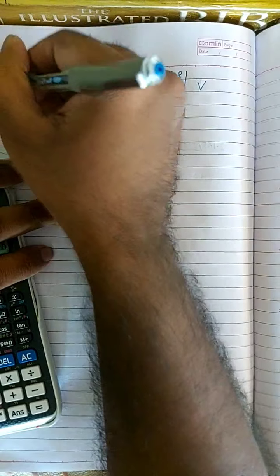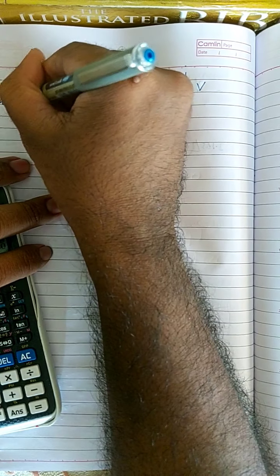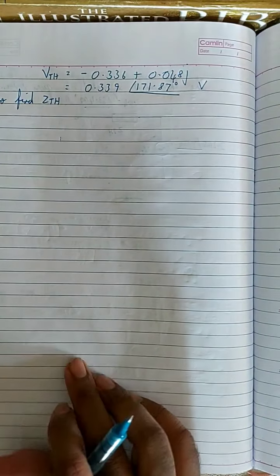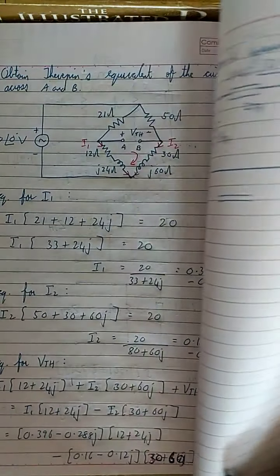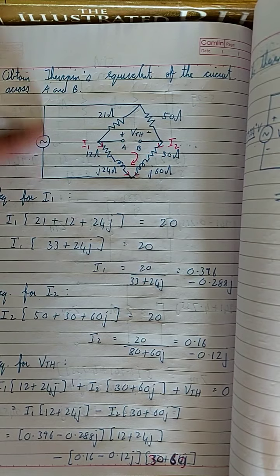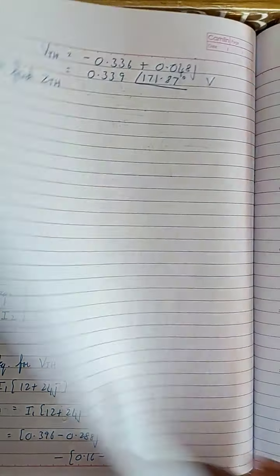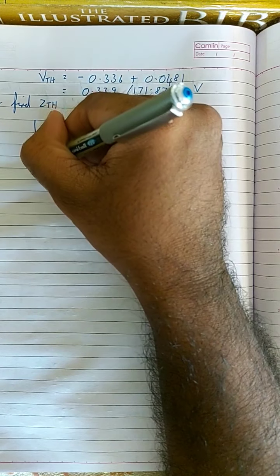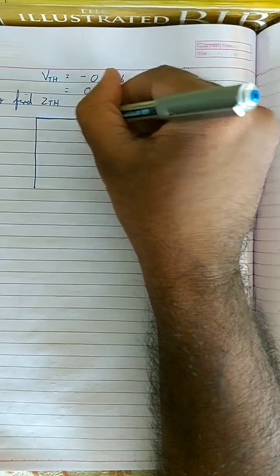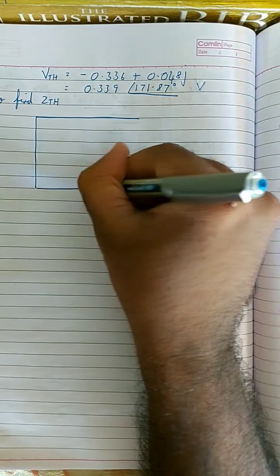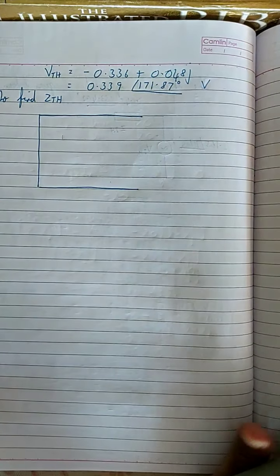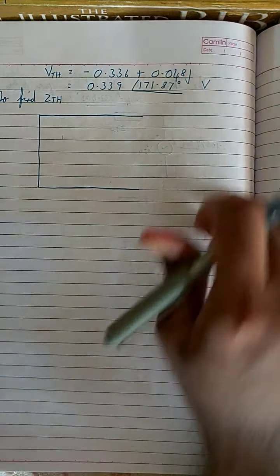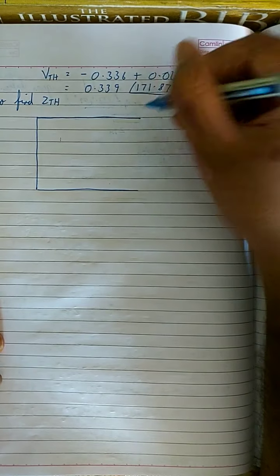Now to find ZTH, same procedure. To find ZTH, Thevenin's impedance, here there's already a single voltage source, all I have to do is simply short it, so you will get these two circuits.